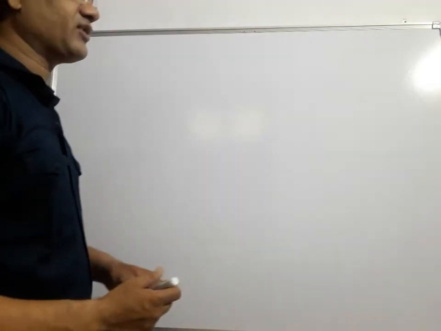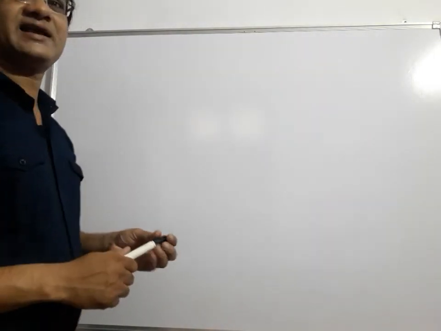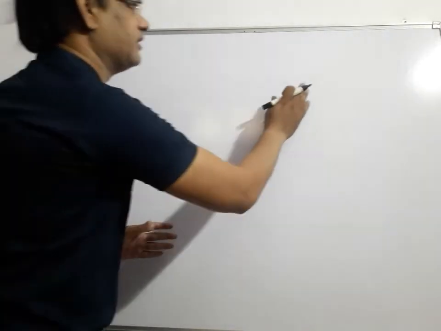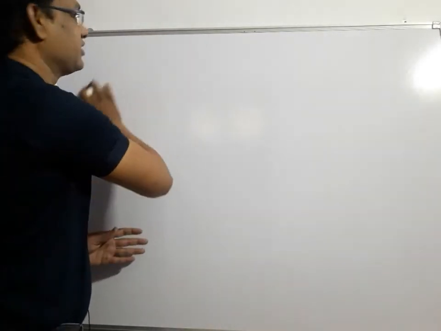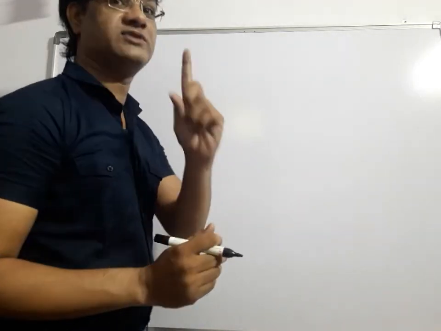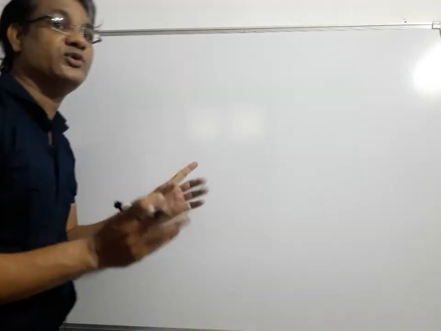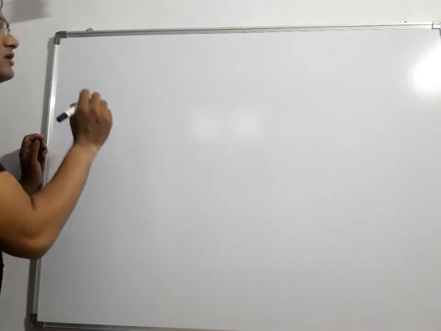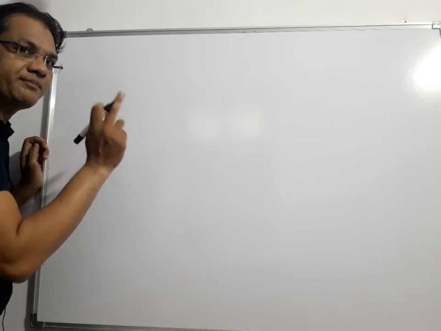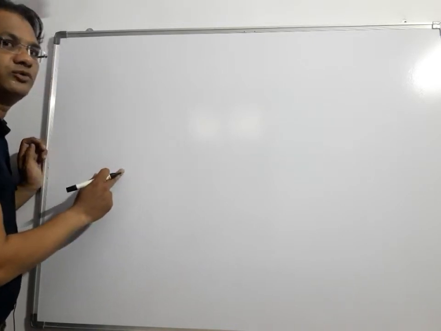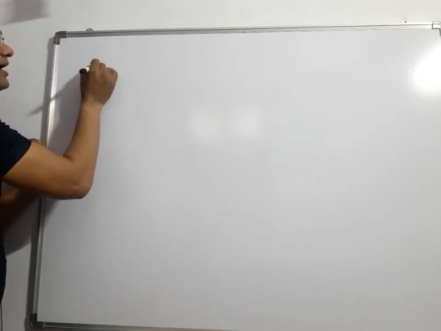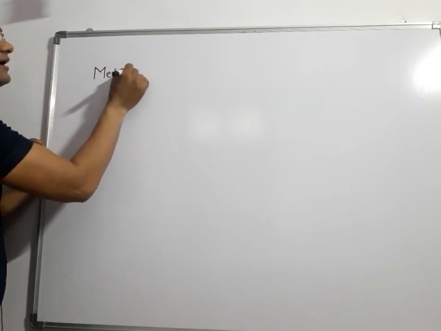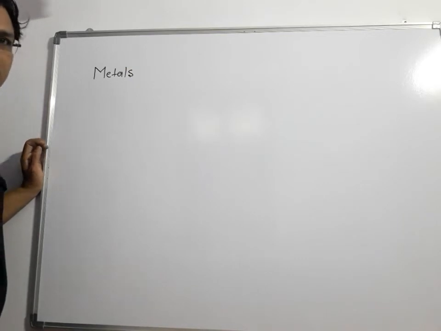Before starting how to balance a chemical equation by a trick, let me share some information, the points we have to remember. In that trick, first we will balance the metals present in a chemical equation.